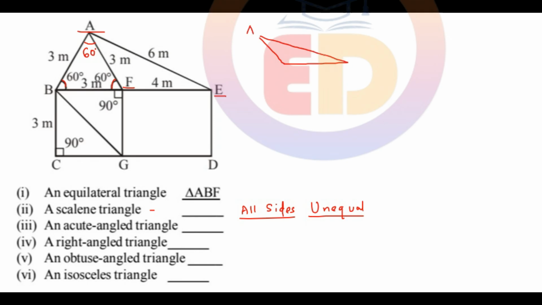Here they have given the value of AE as 6 meter, FE as 4 meter, and AF as 3 meter. So we can see that all the three sides are different. So triangle AFE is a scalene triangle. The answer to the second question is triangle AFE.